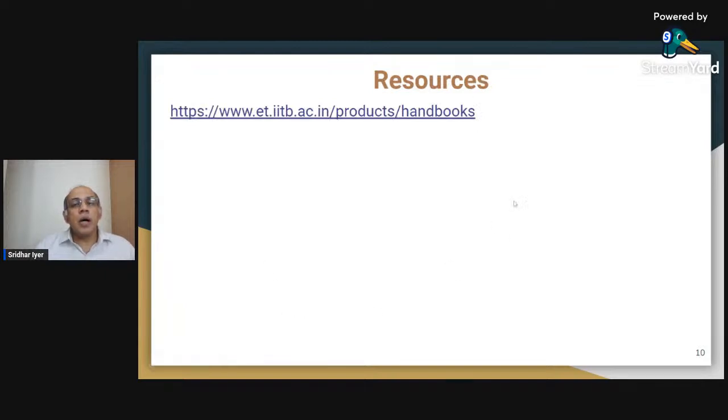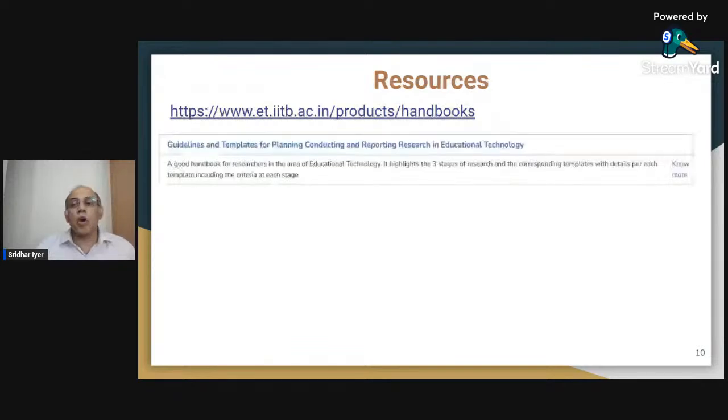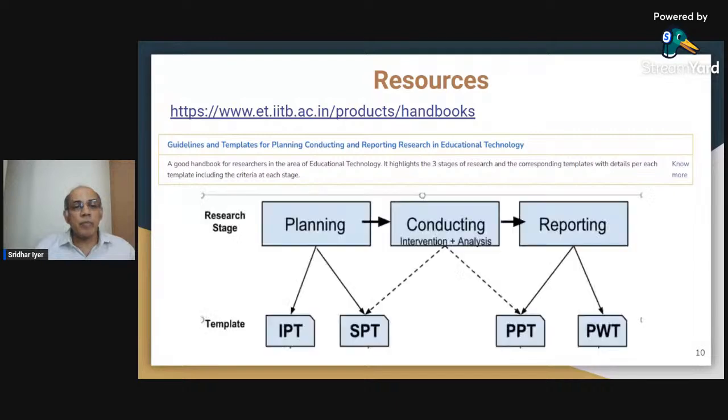There are a lot of resources which have been created, and this is the link from where you can get all these resources. This is a document called Guidelines and Templates for Planning, Conducting, and Reporting Research in Education Technology. So it's a handbook. It talks about various stages of research and also provides corresponding templates to help you carry out that stage.